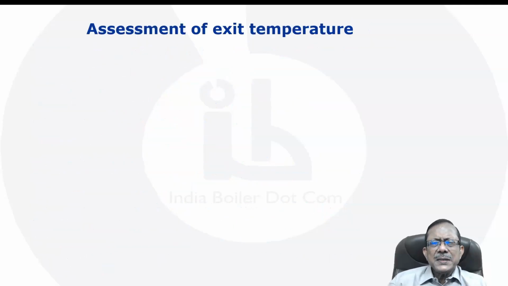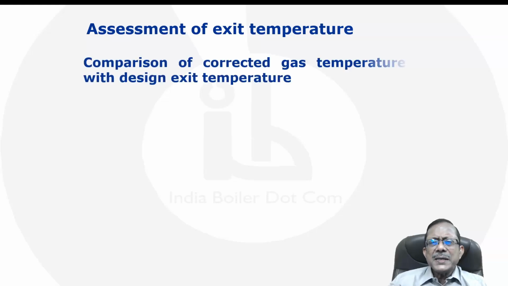The first thing is the assessment of exit temperature, right? In most cases, when you understand that your APH outlet temperature is high, you compare it with some standard temperature which is possible in your system. One temperature is the design temperature, which will be available in the technical manual, or the promised parameter given by your OEM.